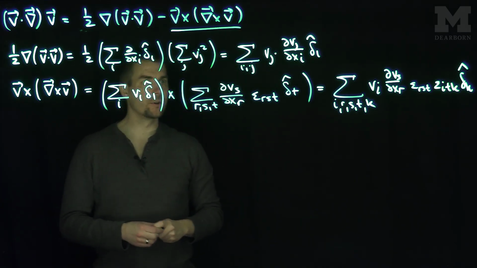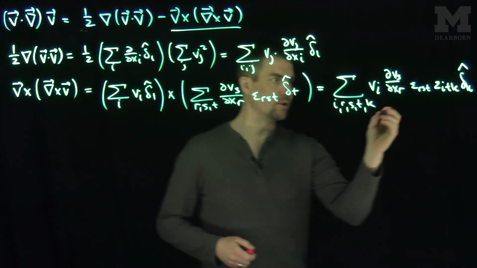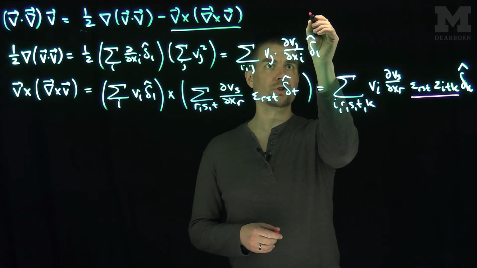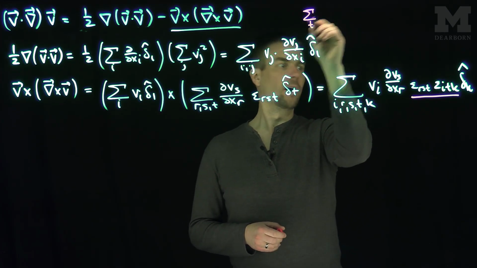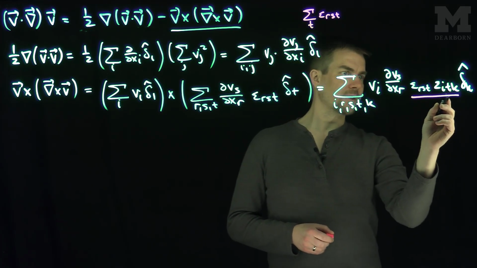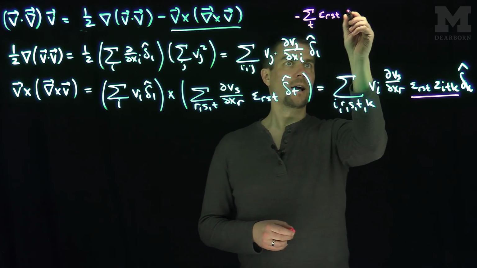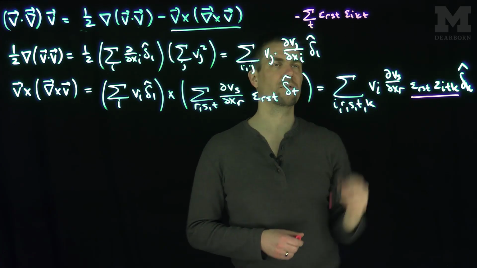Excellent. Now we're going to use match-mismatch. Match-mismatch involves these two epsilon terms, but I need to see the t in the second slot. So we have the sum over t of epsilon rst, and I'm going to put a minus sign here so I can flip those two indices, epsilon ikt, by flipping two of them.